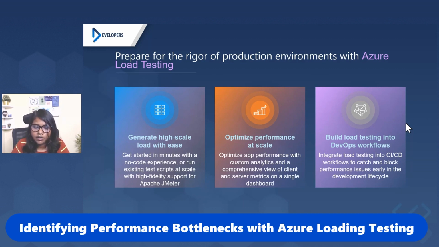While we talk about load testing for a very specific event during a peak season, it's also important to catch these performance issues very early in the development lifecycle. So, leveraging the shift left strategy, it's important that you identify these issues even before they go into your production.